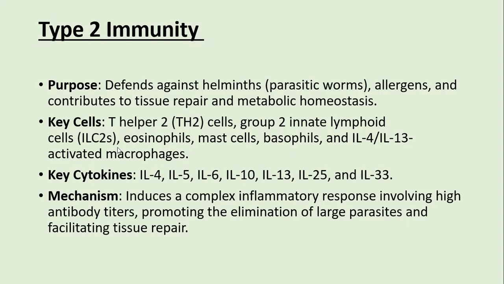So the key cytokines of this limb of immunity are interleukin 4, 5, 6, then 10 and 13, and 25 and 33. Mechanism, it involves complex inflammatory response involving high antibody titers, promotes the elimination of large parasites, and facilitates tissue repair mechanisms.